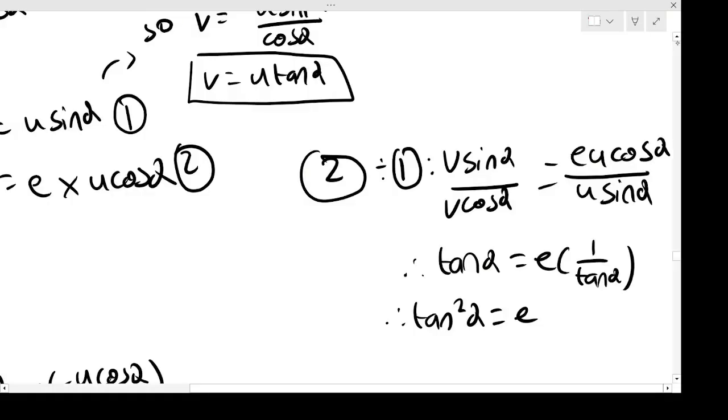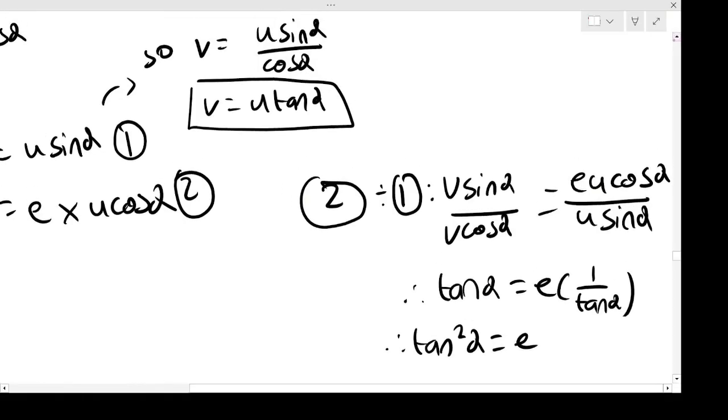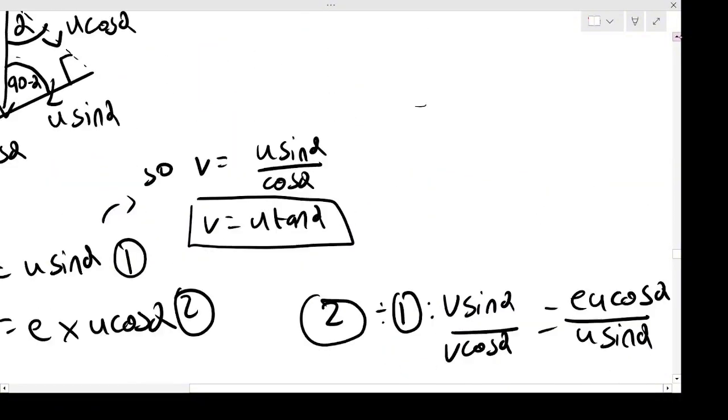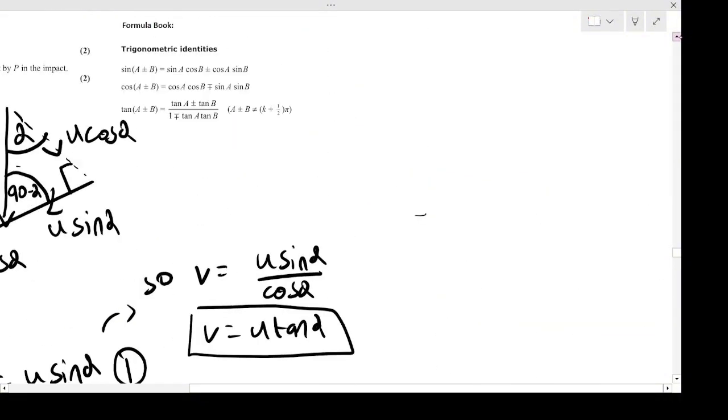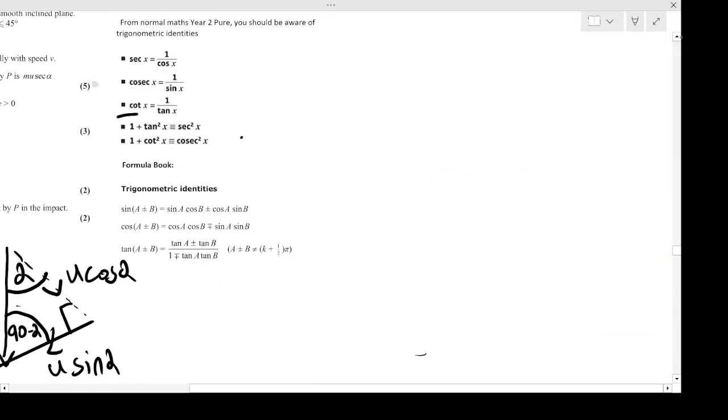Well, what other identity can we think of that involves tan squared? If we remember from normal maths, we can use this identity here. Well, hang on, this is basically bingo, because 1 plus tan squared, because of this identity, goes to sec squared, and sec is 1 over cos.